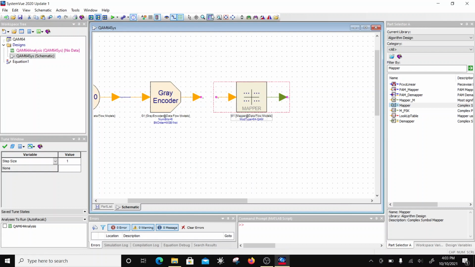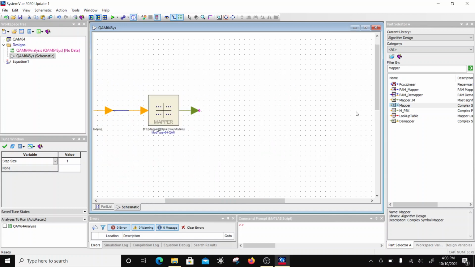So that's done. Next, I will take complex to rectangular here.